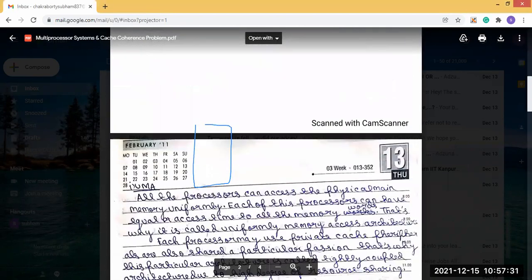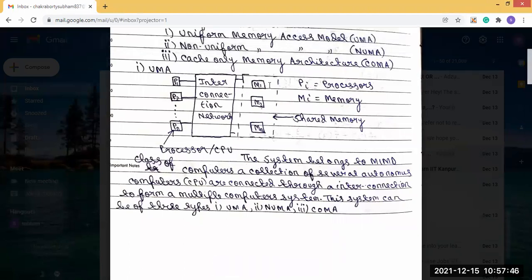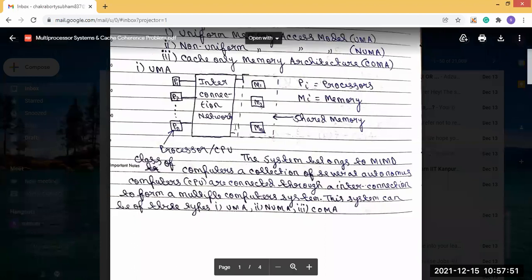In UMA, the first type, all the processors can access the physical main memory uniformly. That means all the processors are connected with this shared memory, which is divided into memory modules, and all of the processors can access all the memory modules.